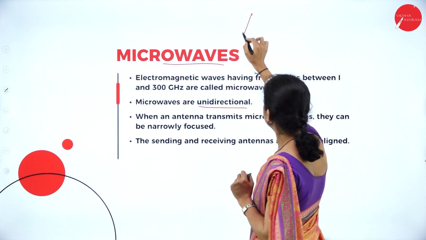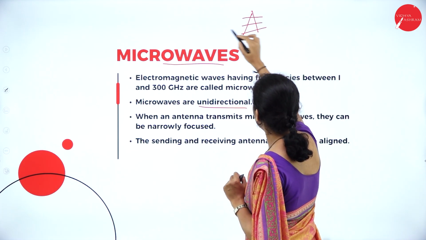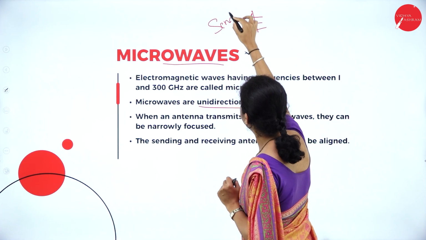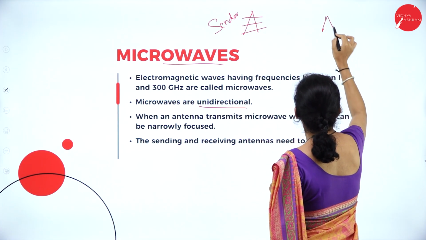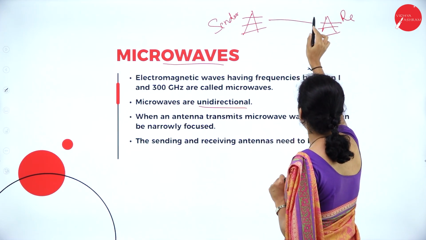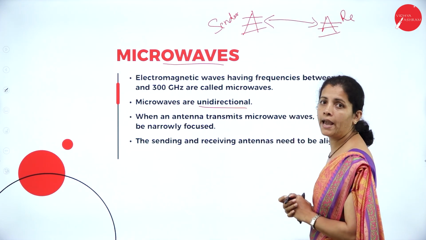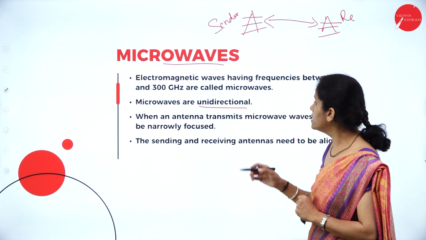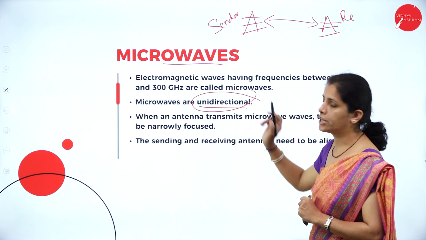For example, consider this is one antenna at the sender side and this is another antenna at the receiver side, and both antennas must be aligned because it is unidirectional.